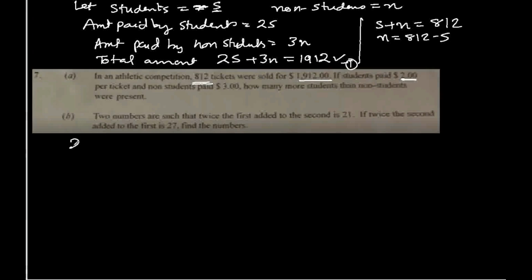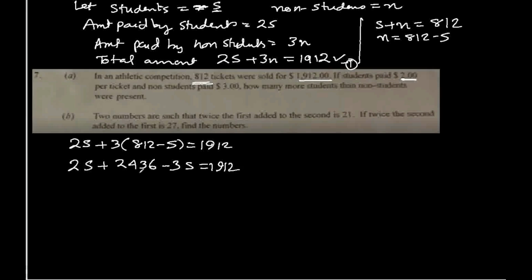So 2 times S plus 3 times N, which is 812 minus S, is 1912.